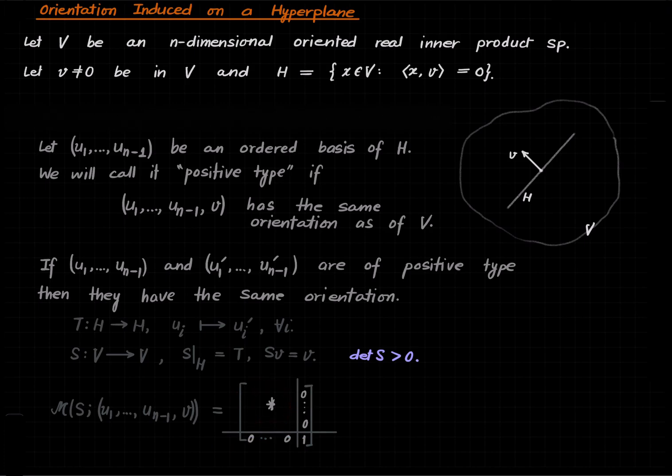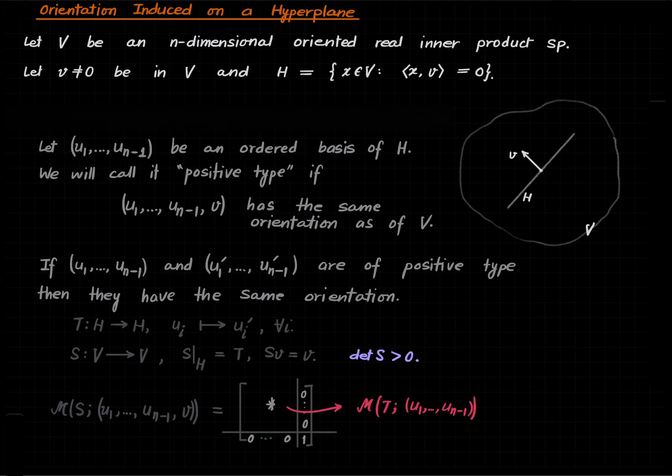This matrix is nothing but the matrix of T with respect to u1 up to un minus 1. Right? So the determinant of this matrix is positive, and hence the determinant of T is positive. So we have shown that if you have two positive type bases of H, then they are of the same orientation.